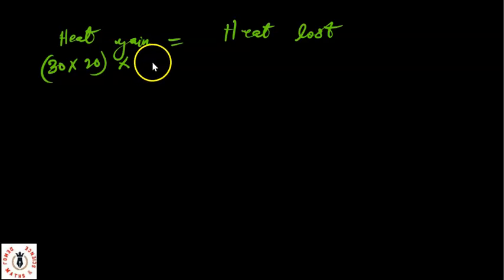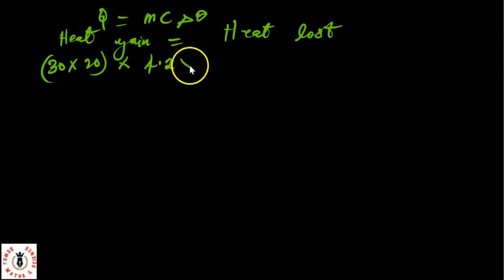times, remember we're talking of Q is equals to mc delta theta. So that my M here is 20 times 30. Then my C, the specific heat capacity of water, we've been given as 4.2. That's 4.2 times the change in temperature, that will be 100 minus theta, the temperature we are looking for, that is the final temperature of the mixture.